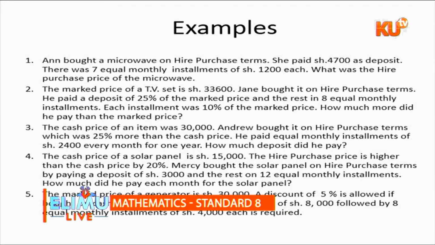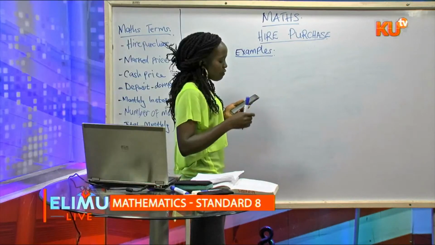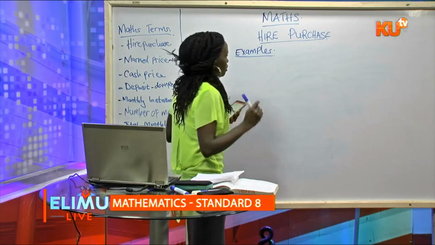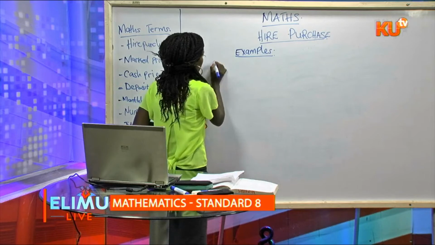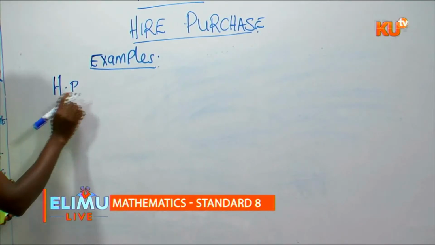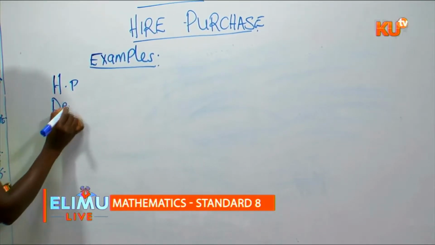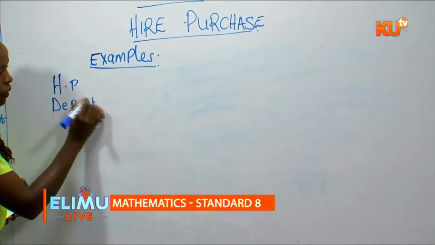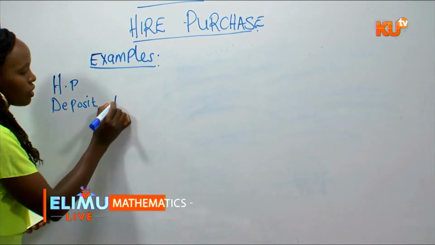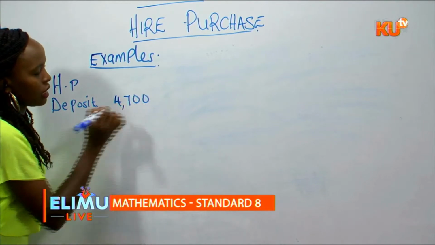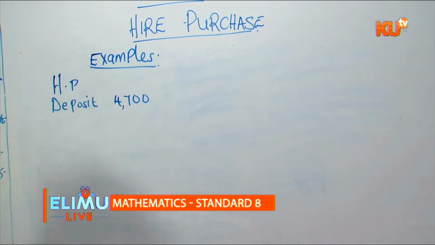So in our minds, we know that this person bought it on hire purchase terms. She paid 4,700 as deposit. So we start writing. He bought it on hire purchase terms, and then he paid a deposit of 4,700 shillings.